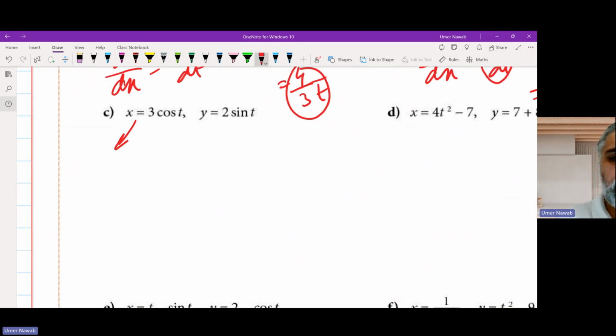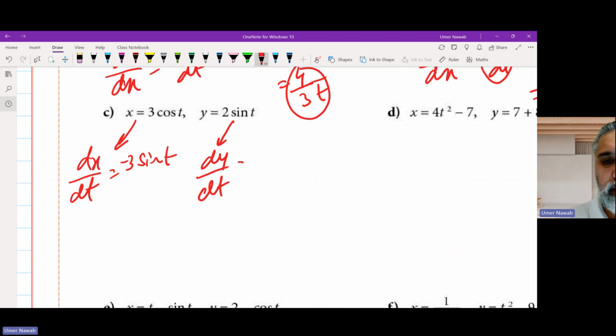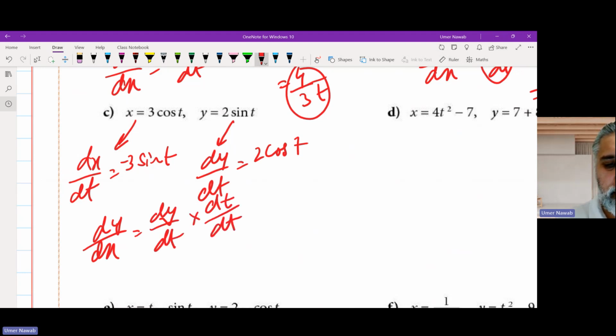Now, parametric equation dx over dt, guys. The differentiation of cosine of t is minus sine of t. What is that? Dy by dt is 2 cosine of t, and I want to find dy by dx, which is equal to dy by dt times dt by dx. So what I'm going to write: 2 cosine of t times 1 over minus 3 sine of t.